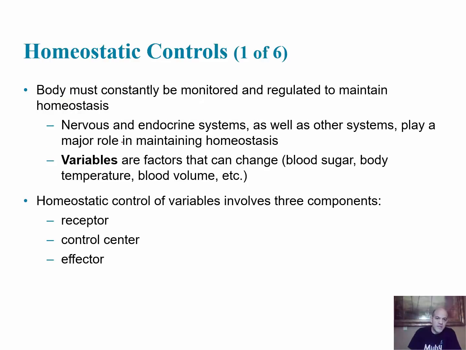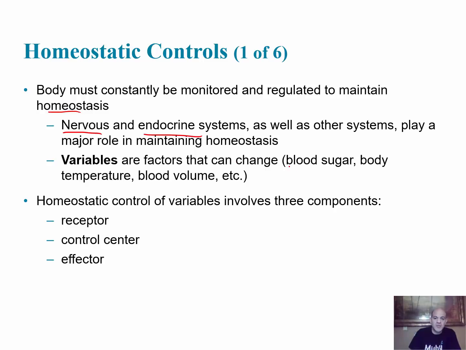So for our homeostatic controls, your body must be constantly monitored and regulated in order to maintain homeostasis. Two systems working on this are the nervous and the endocrine systems, and other systems also play a role in maintaining homeostasis. The key thing we're looking at here are variables, which are the factors that can change.